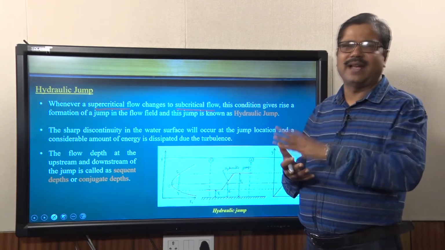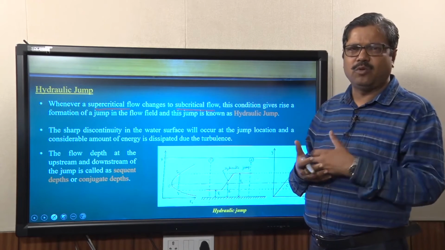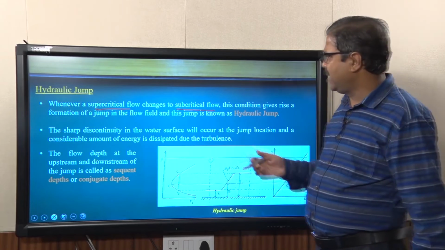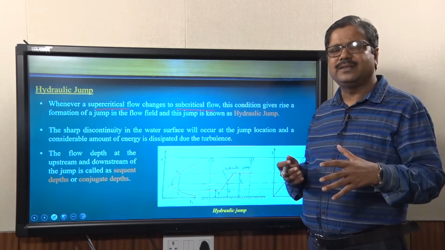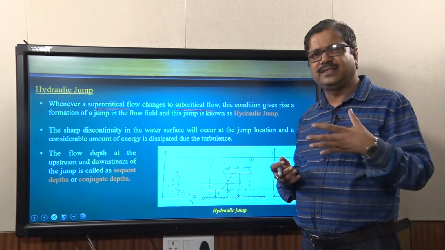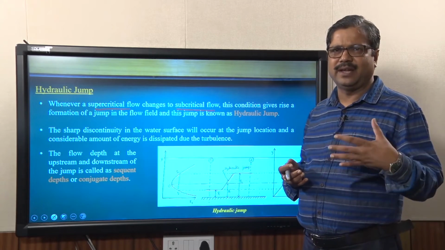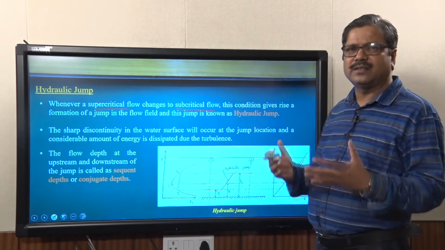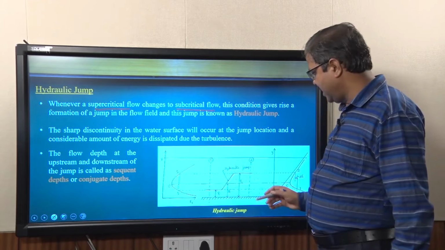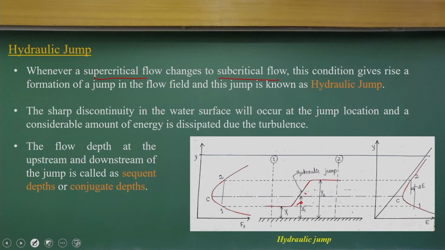That change is the mechanism from supercritical to subcritical. In supercritical flow the velocity is higher and the depth is lesser, and under those conditions there is a formation of hydraulic jumps.